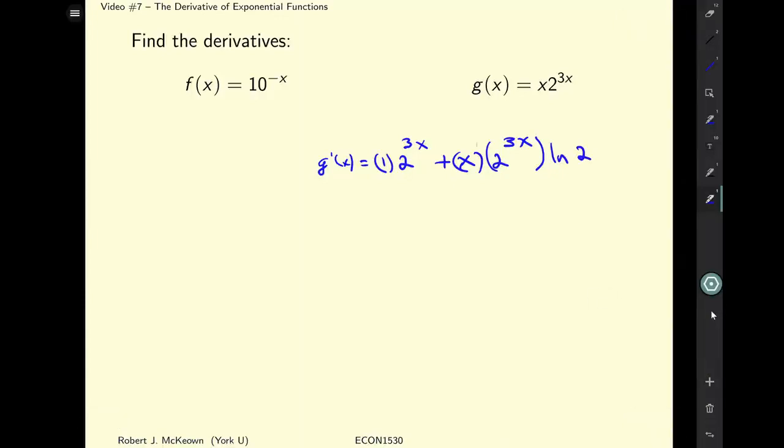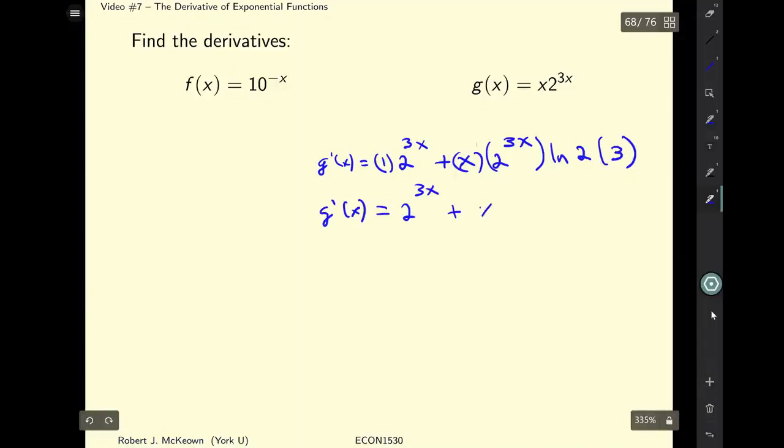Now I need to take the derivative of the exponent itself. So there's a 3x up there, the derivative of 3x with respect to x. That just gives us 3. And now all I'm left with is to simplify this a little bit. So we've got 2^(3x) plus x 2^(3x) log 2, well, let me be careful, log 2 times 3.